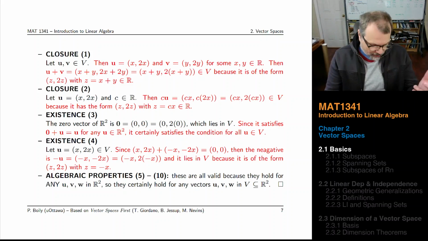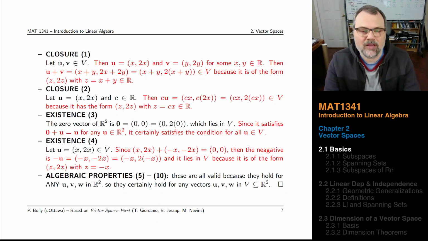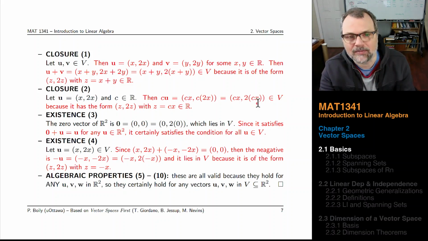And according to the properties of multiplication by real numbers, which c and 2 both are, this is the same thing as 2 times cx.